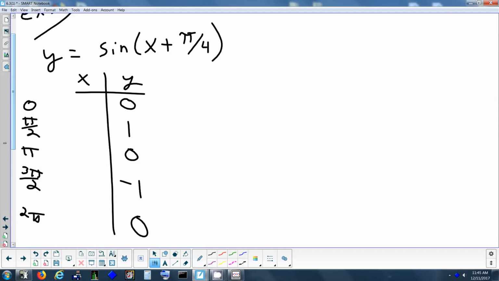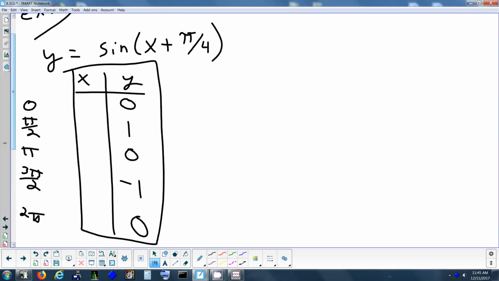And now, what do we do to all the original x's to get the ones I'm going to put in that table? Right, subtract pi over 4 from everything. Now, I'm just going to do the first 2 or 3, and then I think you'll see the pattern, and we won't have to keep going. First one's pretty easy.